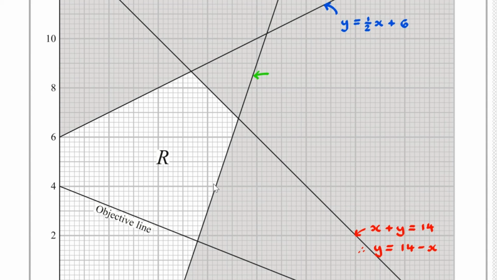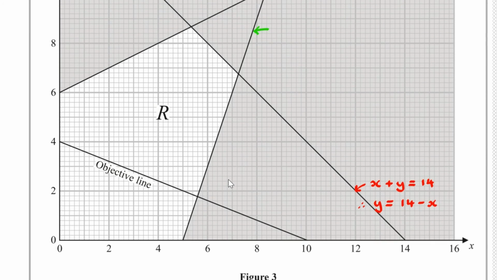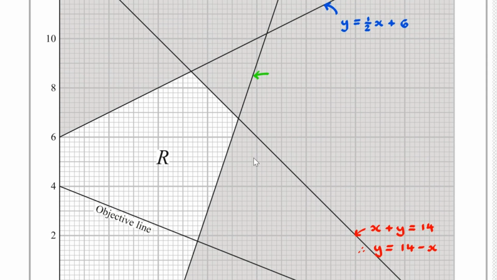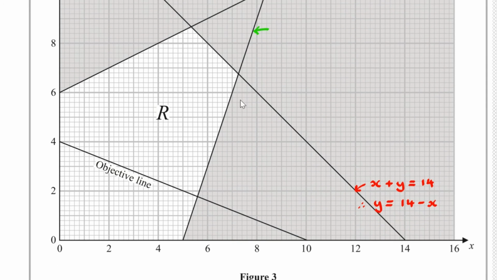And for this line here, to find out what this line is, first of all I need to find the gradient. Well, you can see I go 1 across and 3 up, so my gradient's 3. And then it passes through this point, which has coordinates 7 across, 6 up.